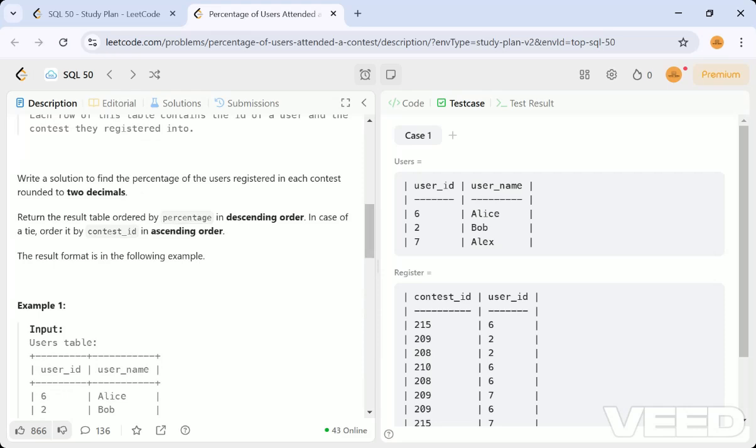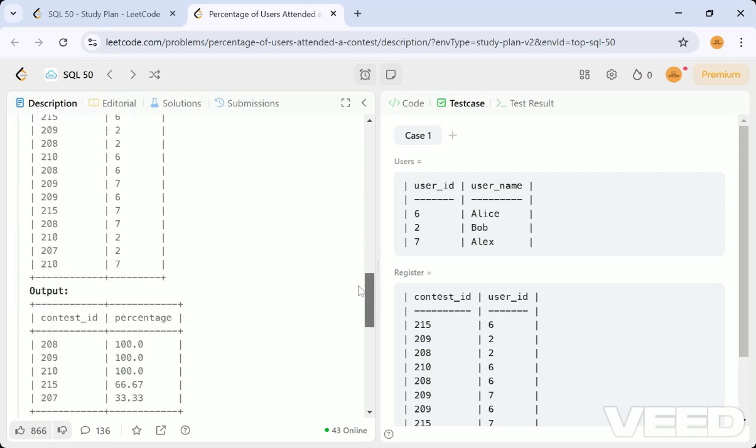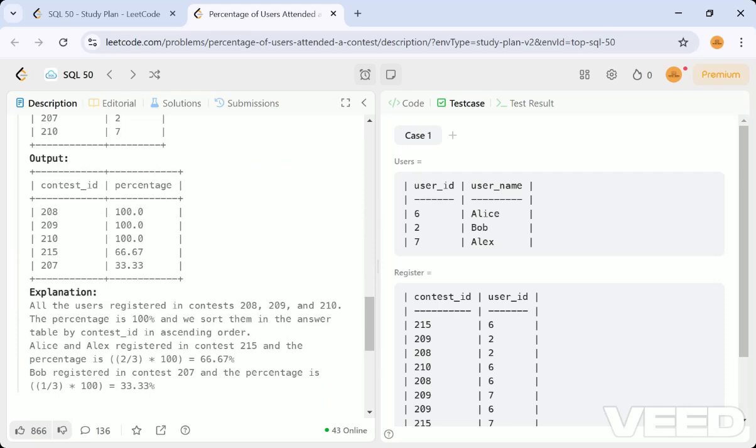See, the percentage of users registered in each contest: based upon the contest level we have to take it. From seeing the table we have only three contests, so first of all we have to take the count of contests. That count is the total number of contests.